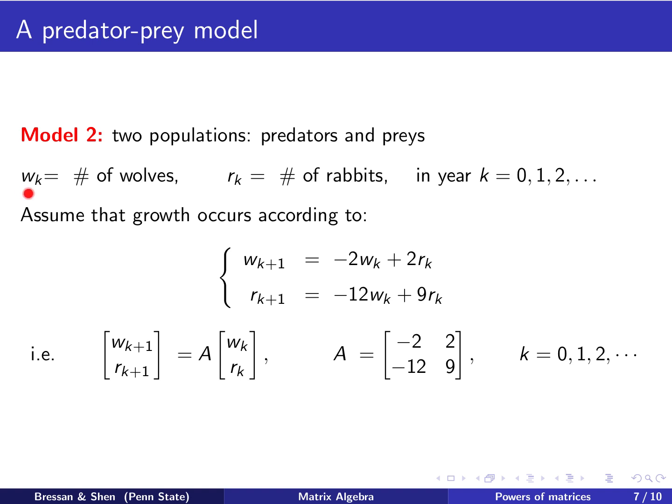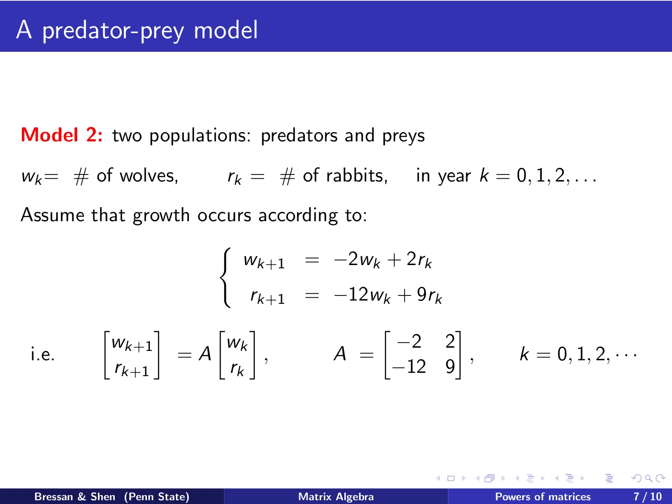Let W_k be the number of wolves and R_k the number of rabbits. So R for rabbit, W for wolves, and k is the index for year, so k is 0, 1, 2. And then assume there is an initial population given, so W_0, R_0 will be given.